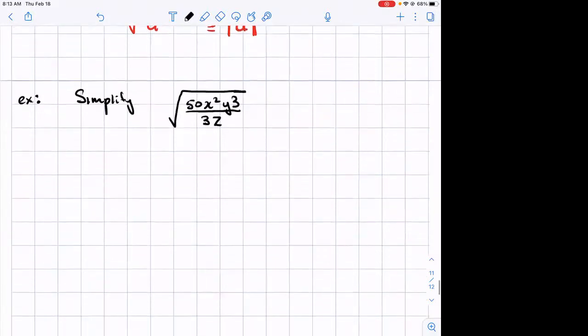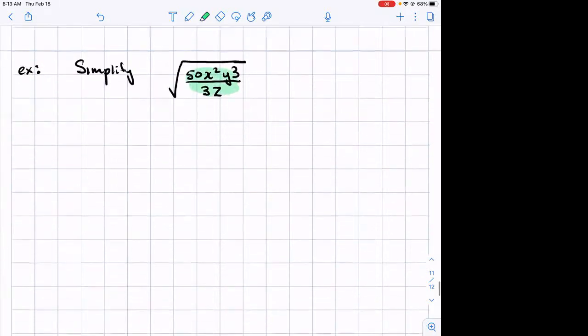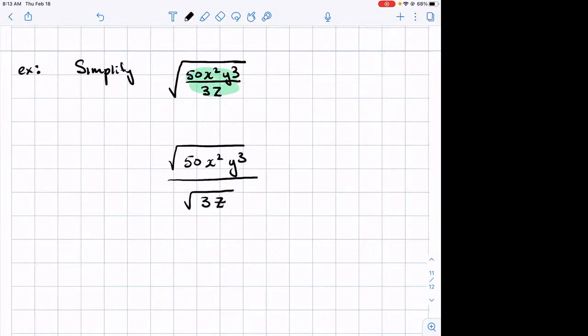Okay. So I always check to see before I do anything, is there anything in the bottom here that can be simplified? Is 50 divisible by 3 and so forth? There's nothing. So the next step is I rewrite this into 2 radicals. This is the same as the square root of 50 x squared y cubed divided by the square root of 3z.